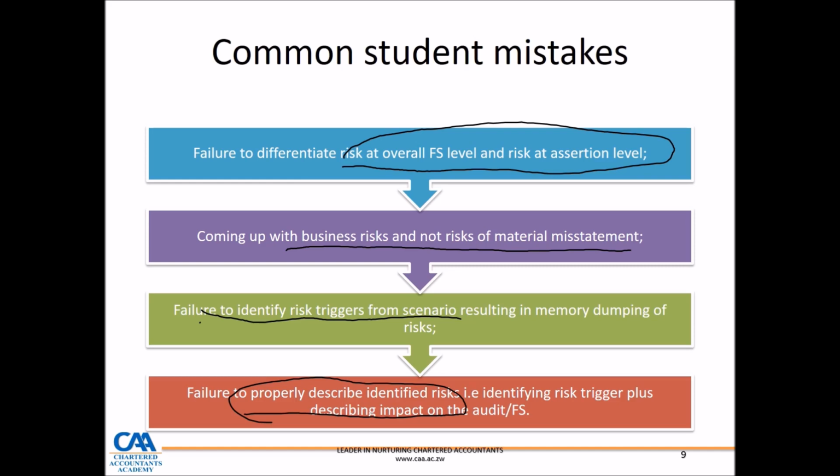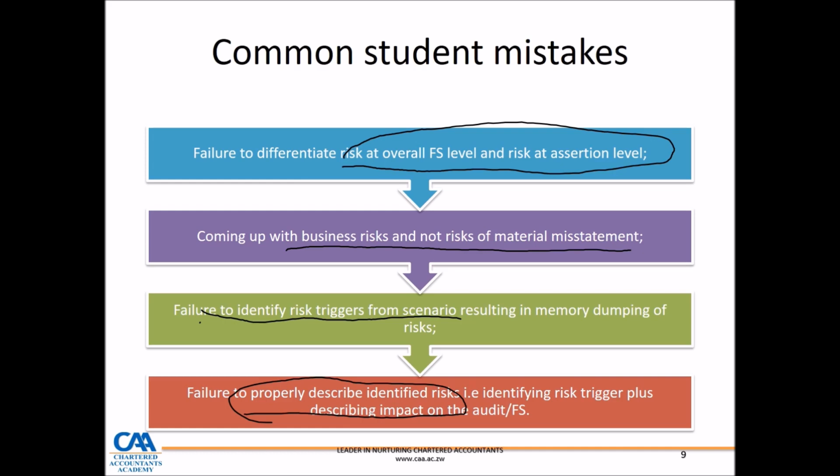So if you are clueless on IFRS 15 revenue, it's going to be a problem for you to come up with specific risks around revenue recognition, measurement, disclosures, etc. But if you know the intricacies of the standard, you can come up with specific drill down points on possible risks that can arise on revenue.